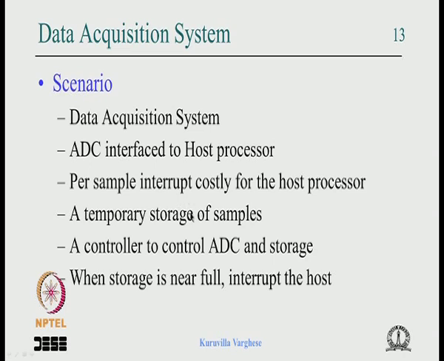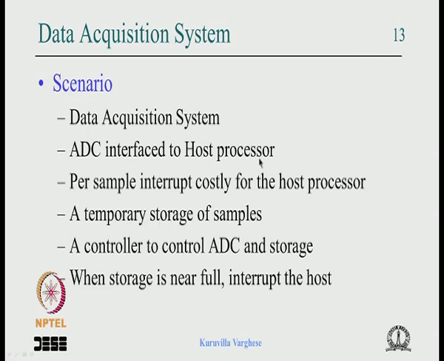So our idea is that we design a controller which will tell the ADC to start the conversion, and when the ADC says end of conversion is done, we will store the sample temporarily in some place, and when that storage is full the controller will interrupt the host CPU, and the host CPU comes and reads in a burst whatever was in the storage.